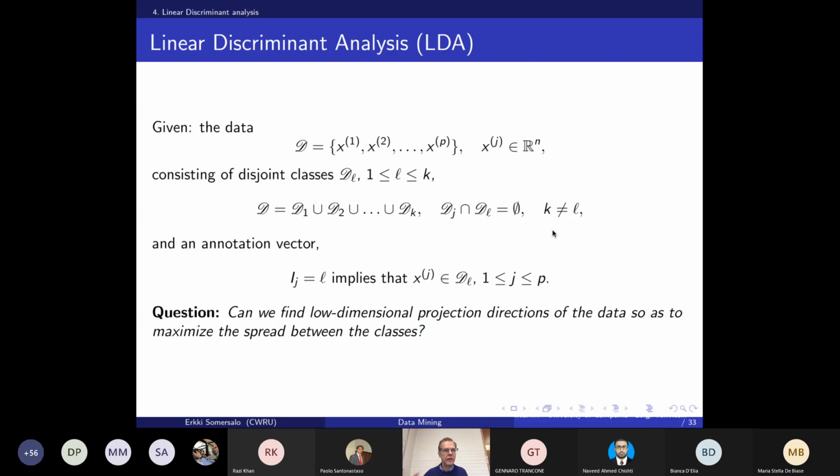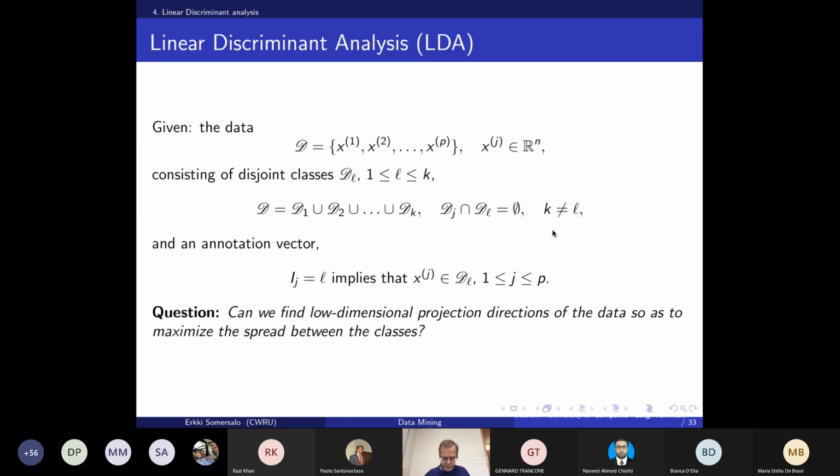Like in the case of handwritten digits, we have some test data where we already know that the data consists of subsets. And then we try to find the most informative directions where we can see whether the data are different from each other.